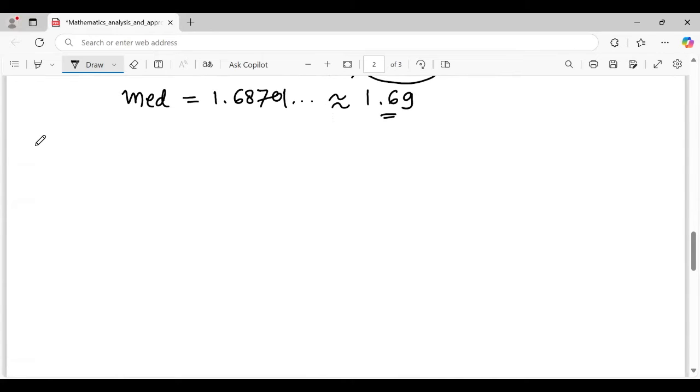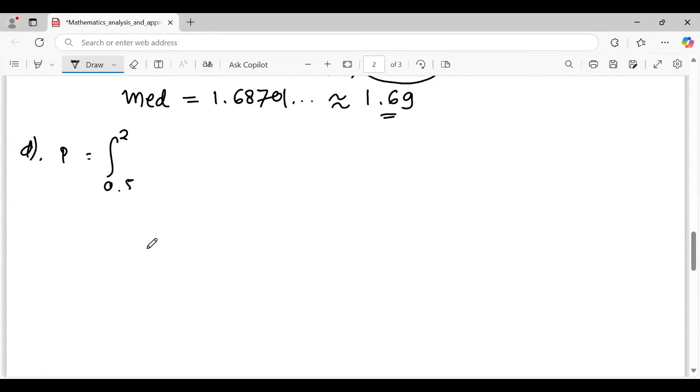Right. Part D. The probability we can determine through the integral from 0.5 to 2.